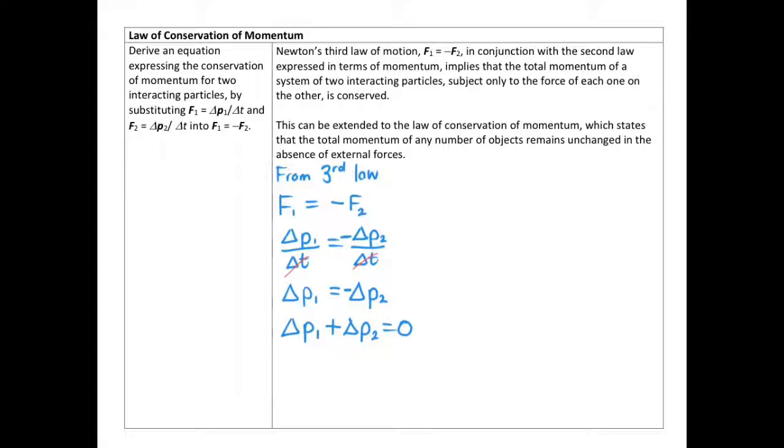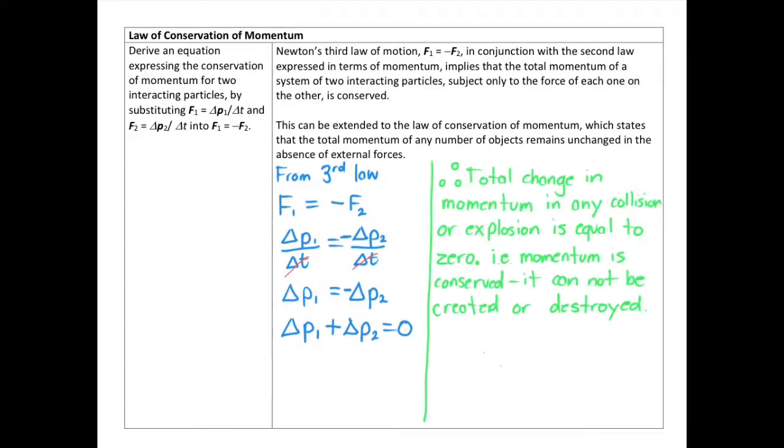So that is that the total change in momentum must be equal to 0. If we say what I've just said there in blue in words, we'd say the total change in momentum in any collision or explosion is equal to 0, i.e. momentum is conserved. It cannot be created or destroyed.